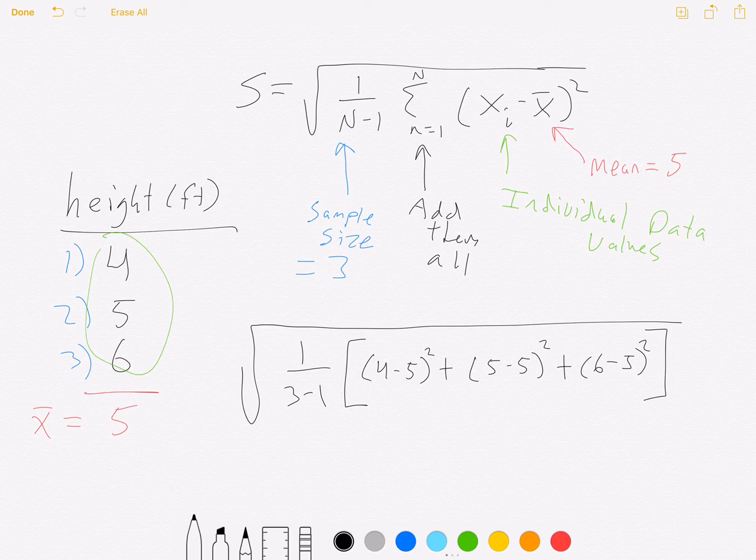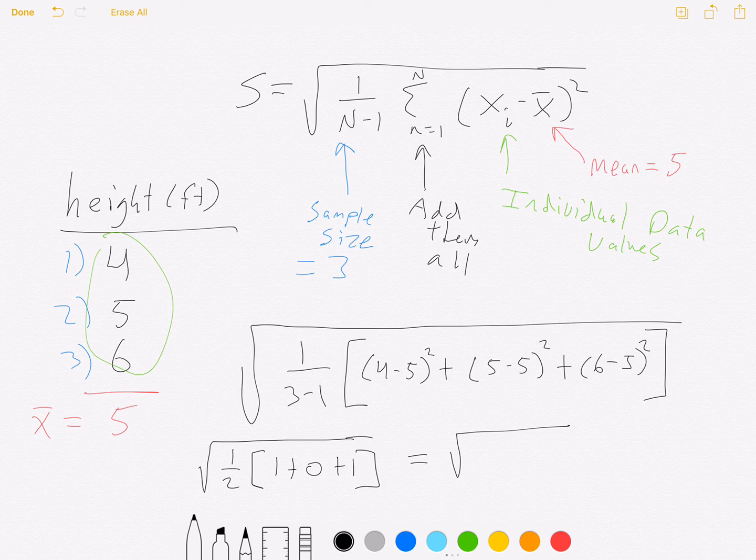Okay? So we get the square root of 1/2, because 3 minus 1 is 2, times 1 plus 0 plus 1, because 4 minus 5 squared is 1, 5 minus 5 squared is 0, and 6 minus 5 squared is 1. So our formula is getting a little bit more manageable.